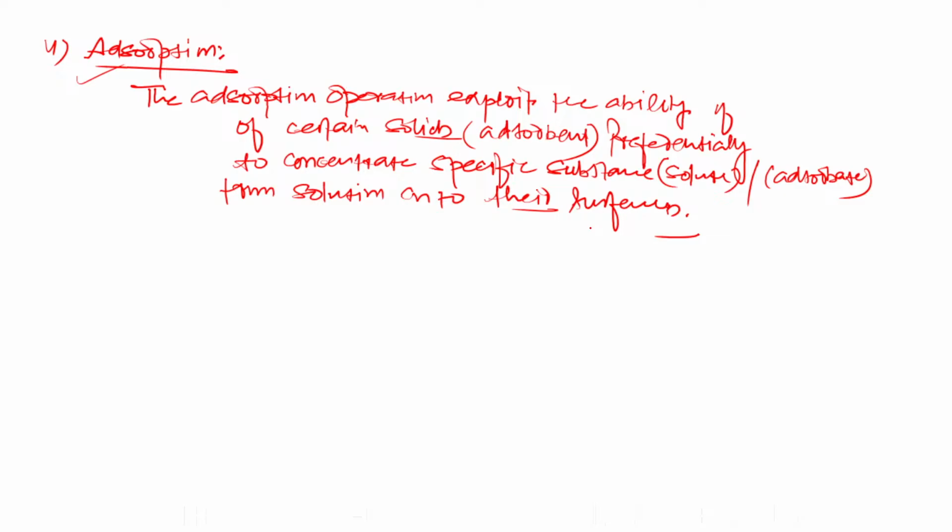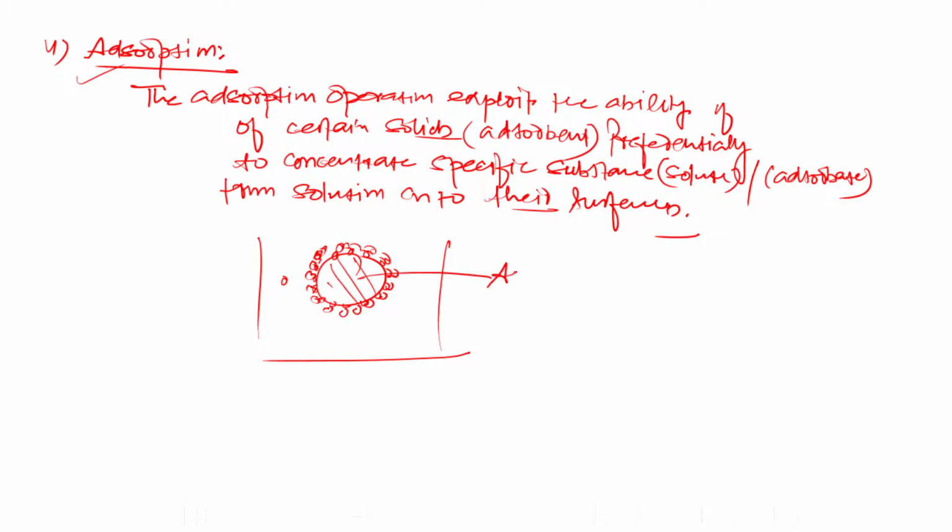Clear? In adsorption, basically, suppose this is a liquid solution and this is the adsorbent. The solute present in the liquid solution gets adsorbed on its surface. These are the solute molecules being adsorbed on the surface.